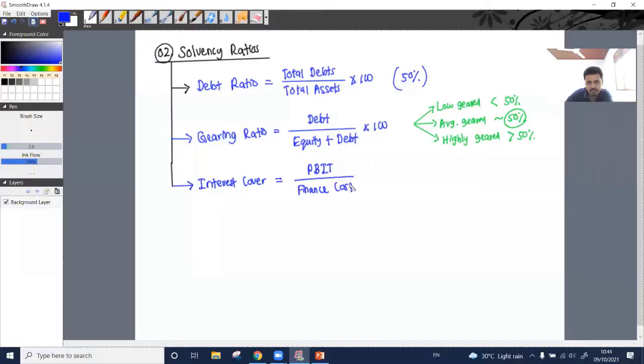The answer will be in times. එතකොට අපි ගෙවන interest එක වගේ කී ගුණයක් අපි profit earn කරනවද? How many times we are earning profit compared to the finance cost that we incur. එතකොට මේ ratio එක වැඩි වෙන තරමටද හොඳ අඩු වෙන තරමටද? වැඩි වෙන තරමට හොඳ.